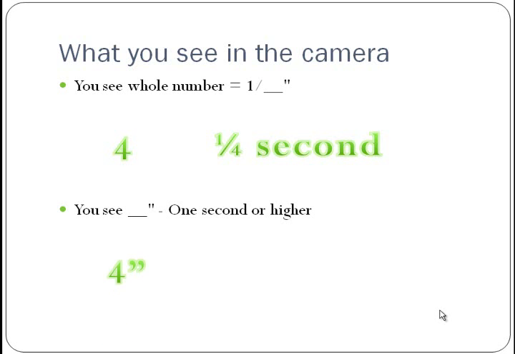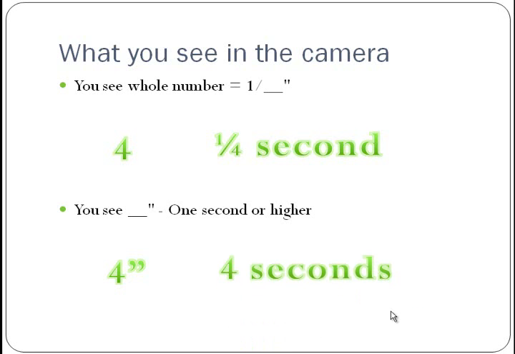Here's my sample. If you see 4 with the quotation marks, as opposed to this 4 without quotation marks, it's going to be actually a whole full 4 seconds. Say that 5 times fast. Full 4 seconds.